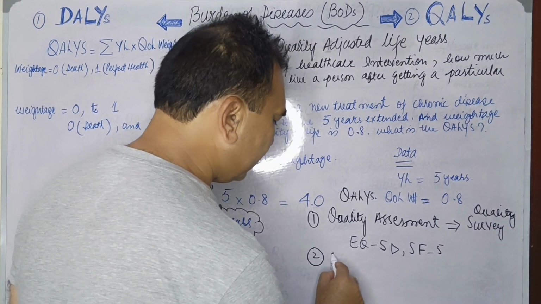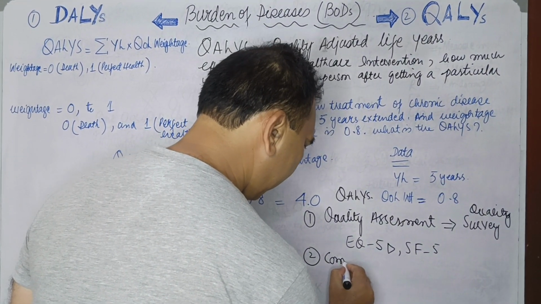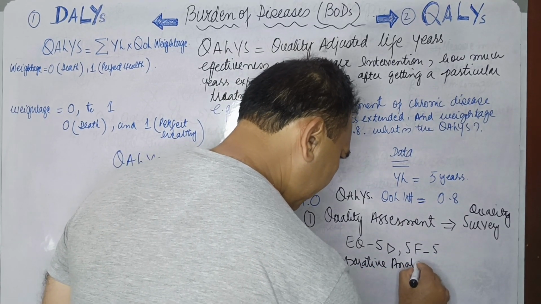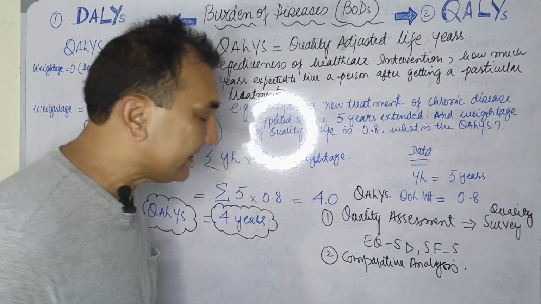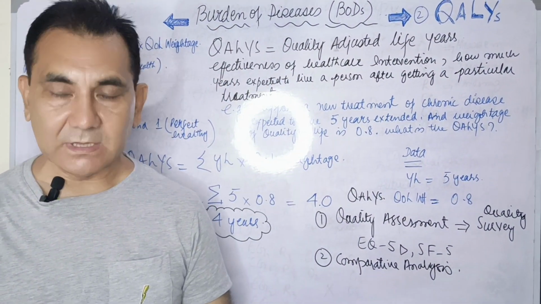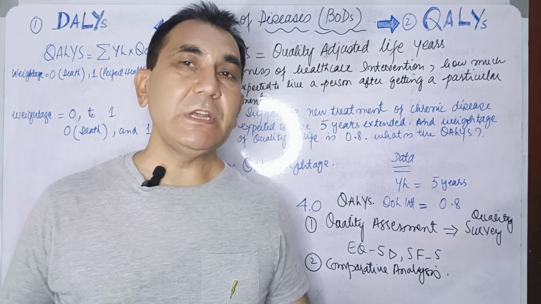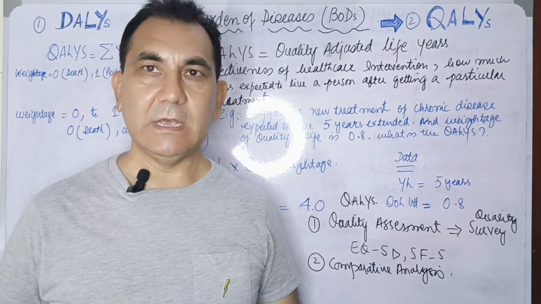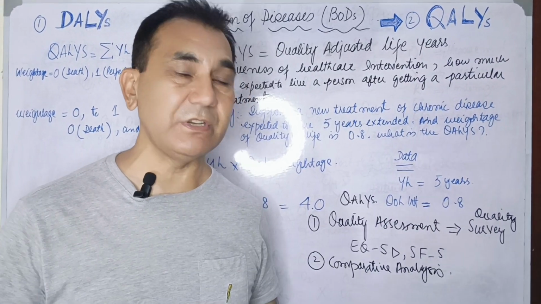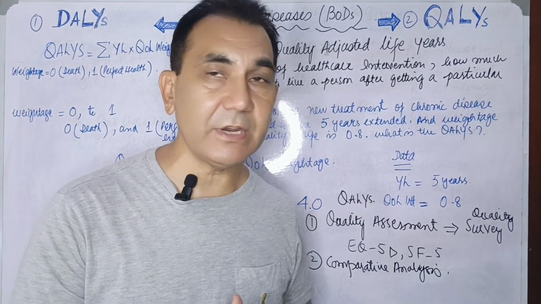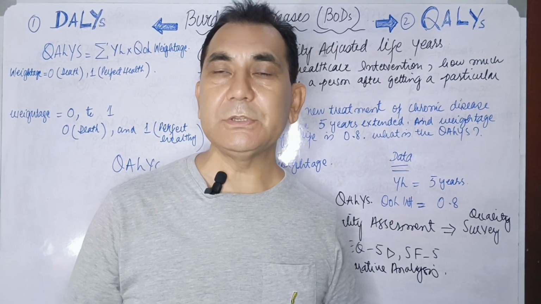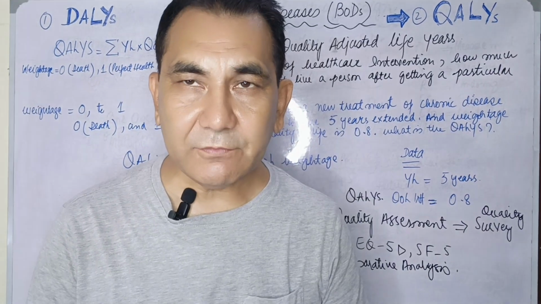The second one, it is used for comparative analysis. The QALYs are also used for comparative analysis. What is comparative analysis? It is used mostly at the policy making levels, where the policy maker will choose the cost effective treatment among the different types of treatment.